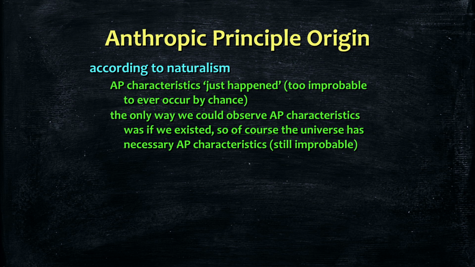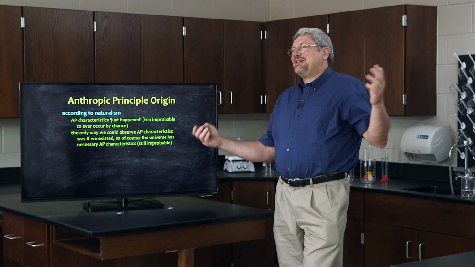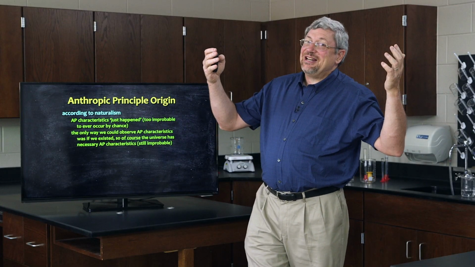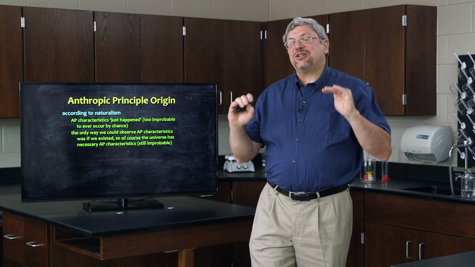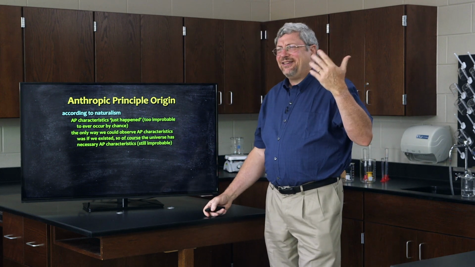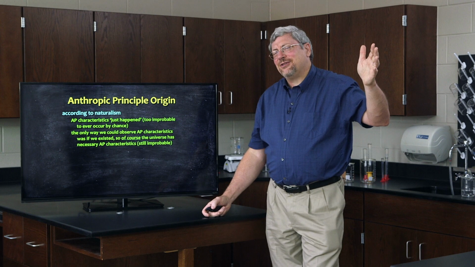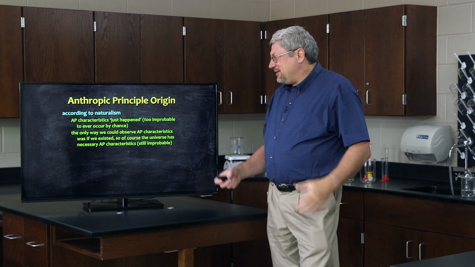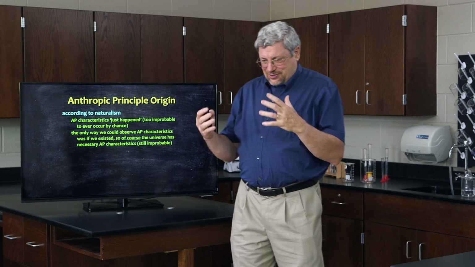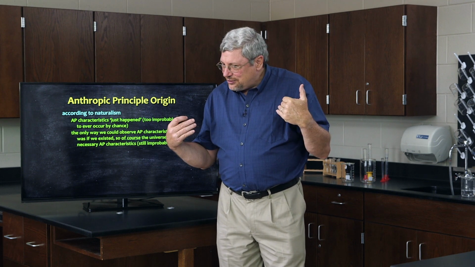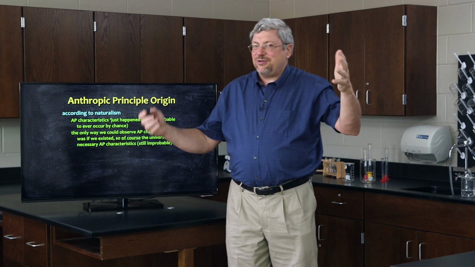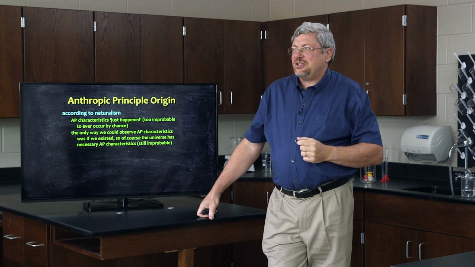So of course the universe has characteristics necessary for life, because if it had any characteristics that make life impossible, we wouldn't be here to see it. So the naturalist very commonly will say, well, duh, of course the universe has characteristics that make life possible, because we can see it. If life wasn't possible, we wouldn't be here to see it.